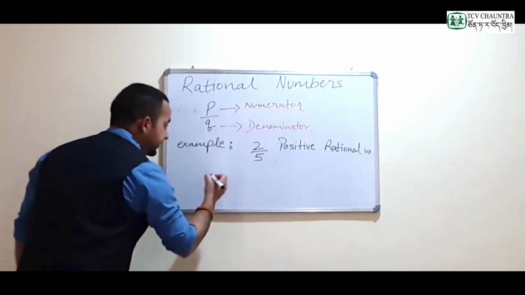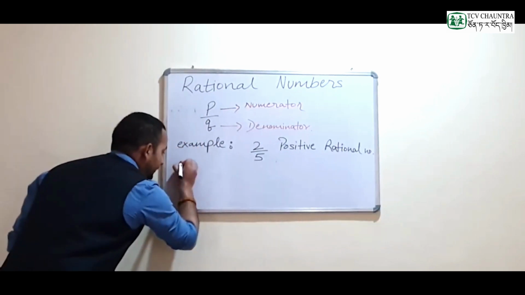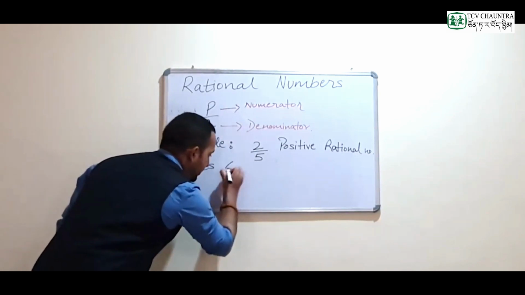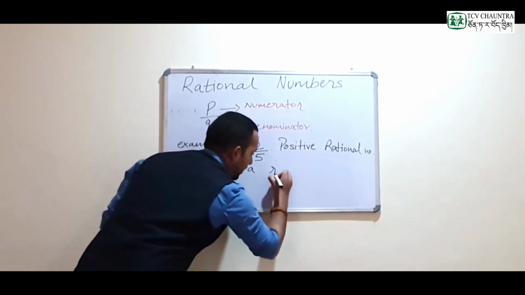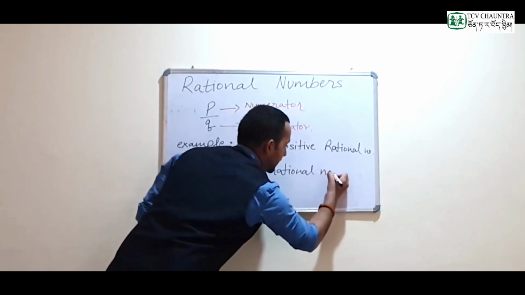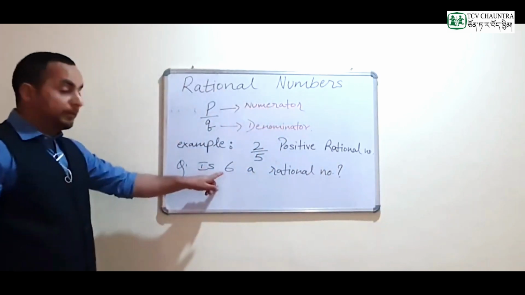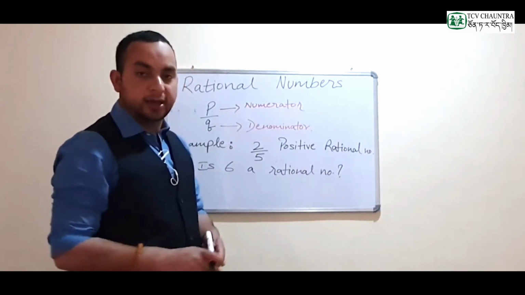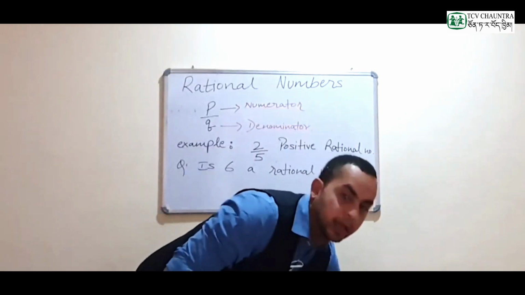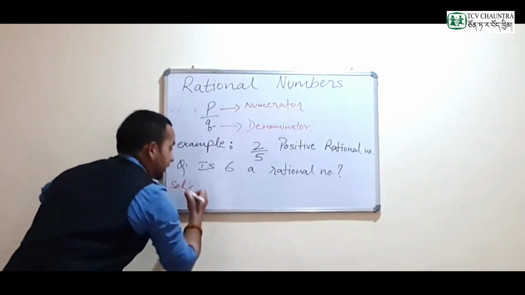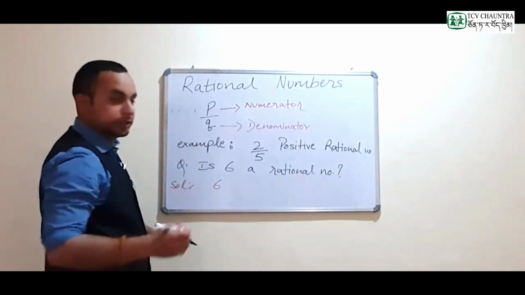Now, if I ask you, is the number 6 a rational number? 6 is a natural number, and all natural numbers are rational numbers. See how it becomes a rational number.